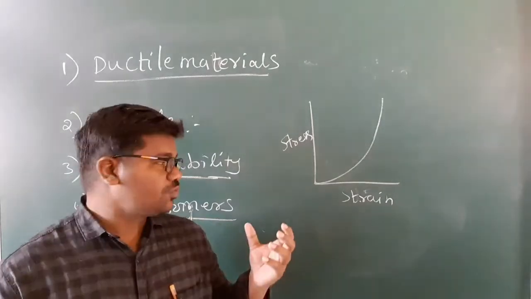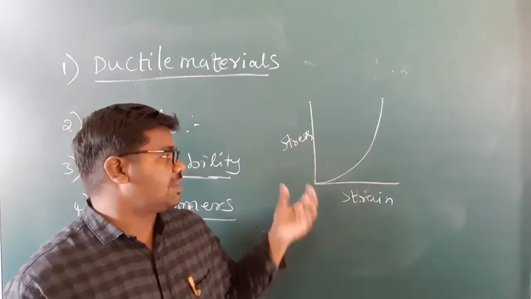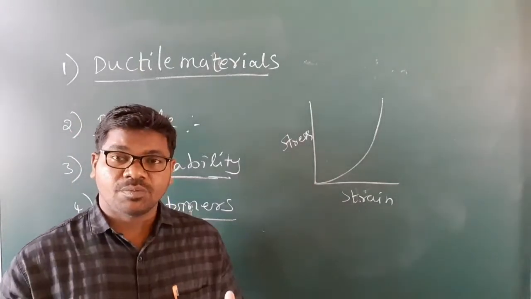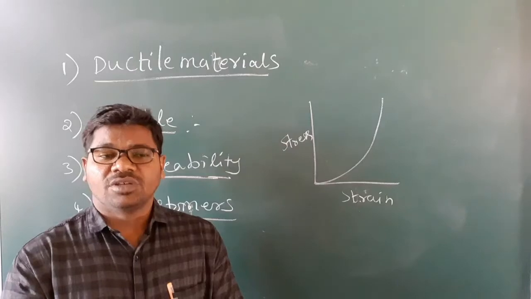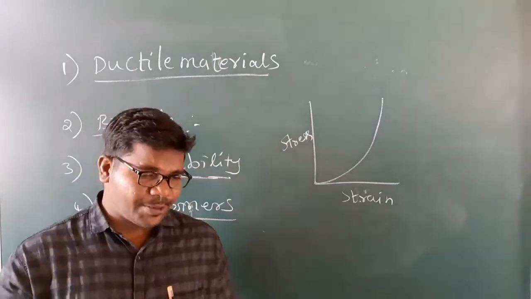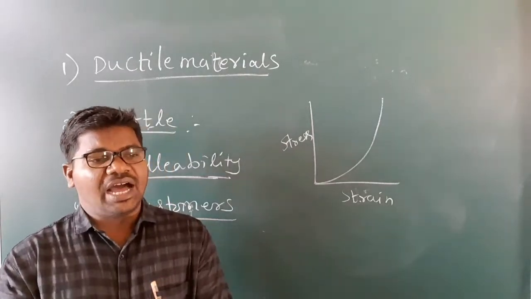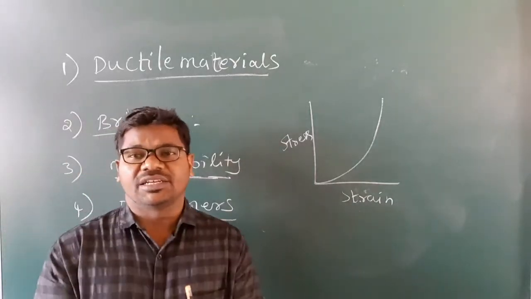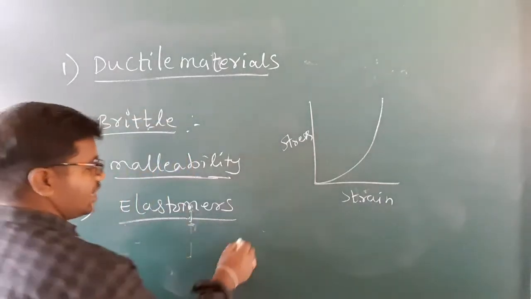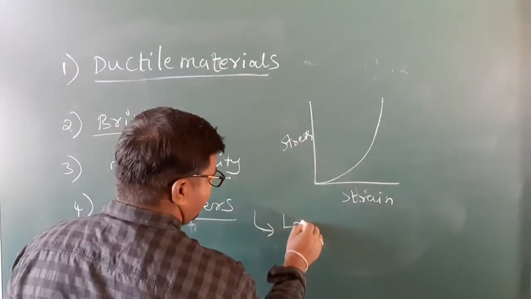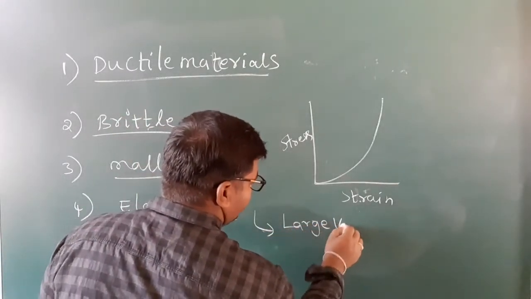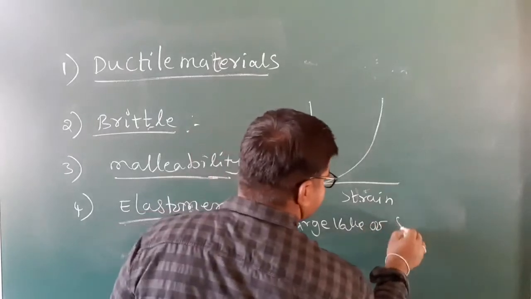Whenever we apply this type of stress, we observe more strain. So this type of material we call an elastomer, having a large value of strain.